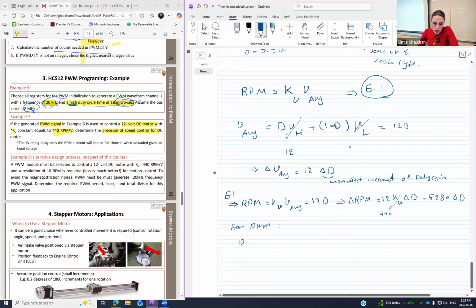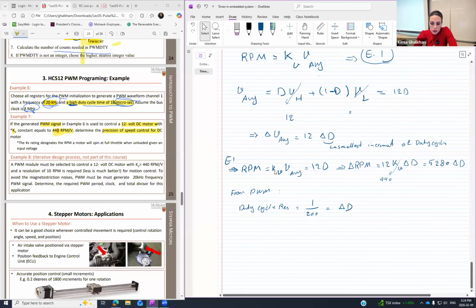I have duty cycle. Duty cycle resolution. Remember, I calculated and I said it takes like 200 counts. Therefore, I can say now 1 over 200. This is coming from example 6. I calculated that is equal to delta D.